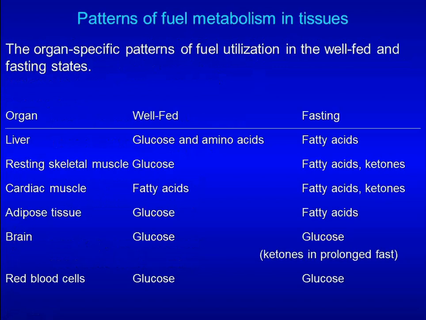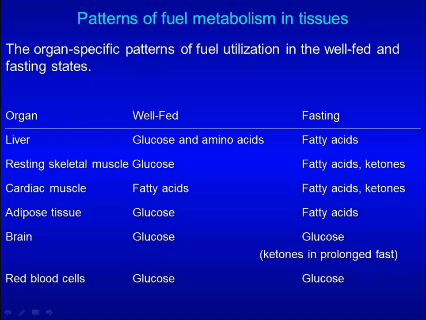This table summarizes fuel utilization in the well-fed and fasting states. In the well-fed state, most organs use glucose as fuel except cardiac muscle. In the fasting state, most organs use fatty acids as fuel except brain and red blood cells.